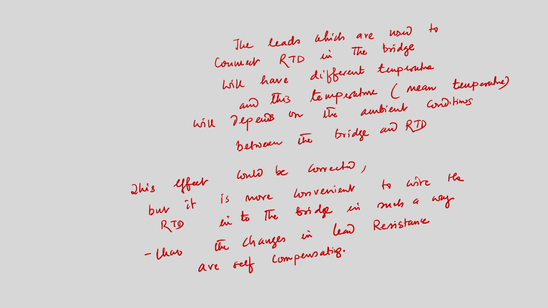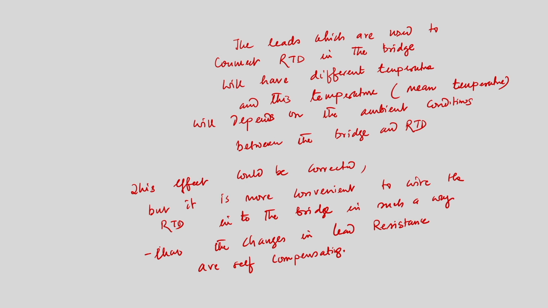So the RTD is connected in the bridge through leads whose resistance is of the same order as the RTD, and the leads have different mean temperatures depending upon the ambient conditions between the bridge and the RTD. If this is the case, there will be error in the measurements.